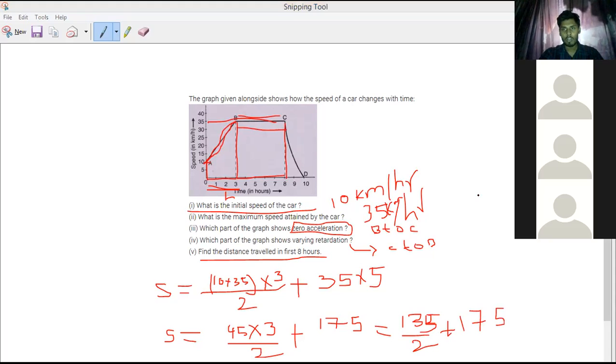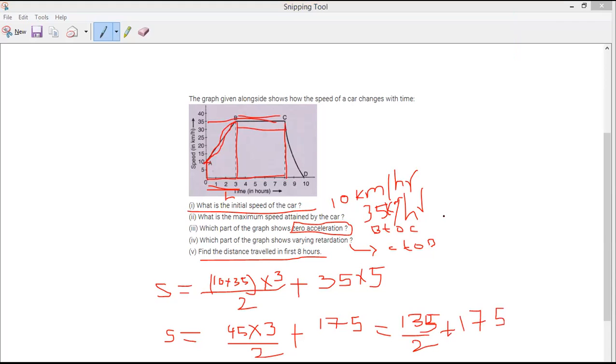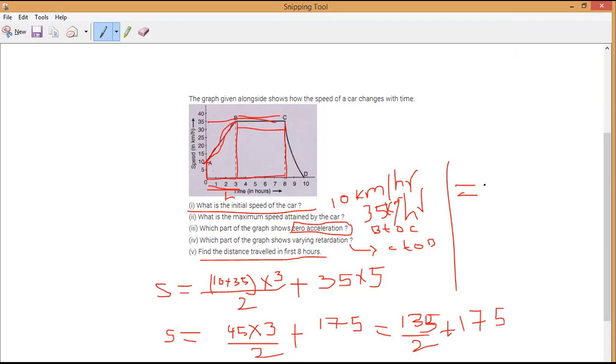Very good. So Mahalakshmi is answering. Here it is coming, 67.5. 67.5 plus 175. So add that and tell me how much it is.